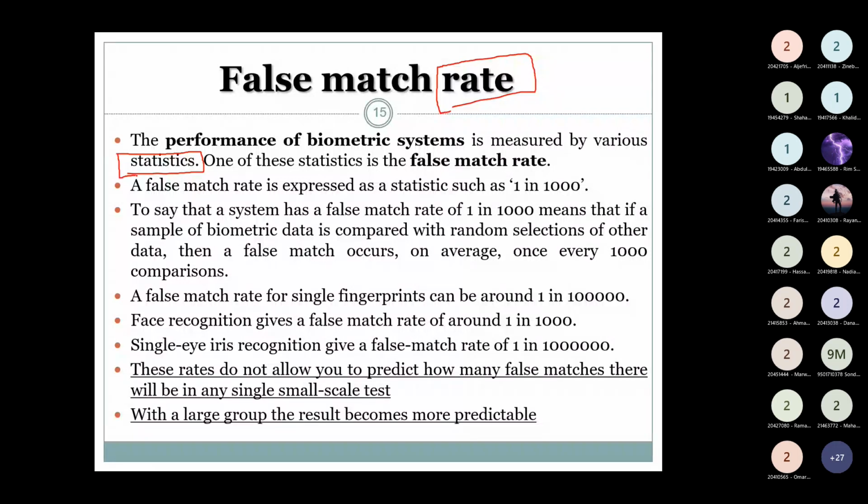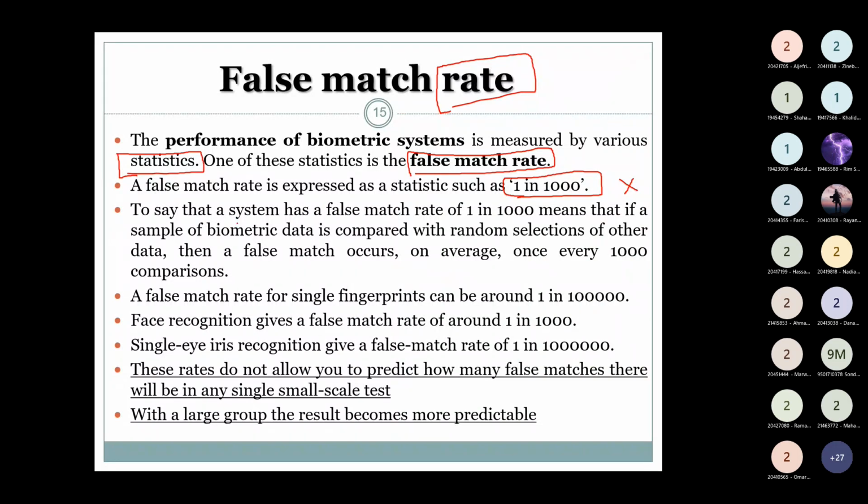One of the statistics is the false match rate. So look at this example. A false match rate is expressed as a statistic such as 1 in 1,000. What does it mean, 1 in 1,000? It means that we have one error every 1,000 comparisons. It is very big. Imagine thousands and thousands of people entering one country; it means many errors will happen.